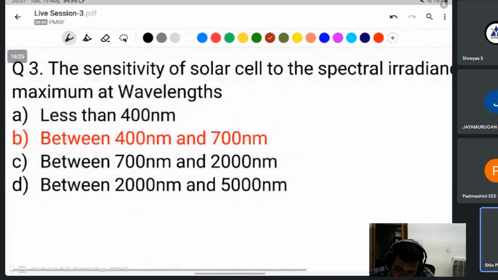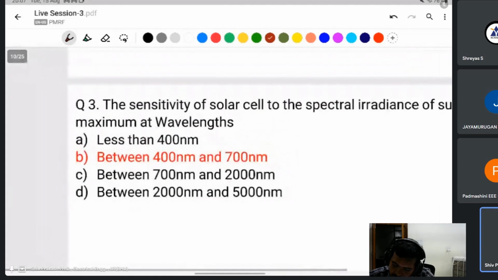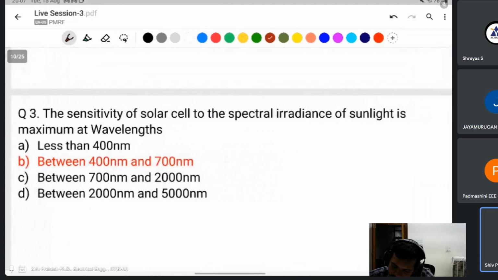The sensitivity of a solar cell to the expected irradiance of sunlight is maximum at the wavelength 400 to 700 nanometers. Less than 400 is the ultraviolet spectrum, 400 to 700 is visible, and 700 to 2000 is infrared.